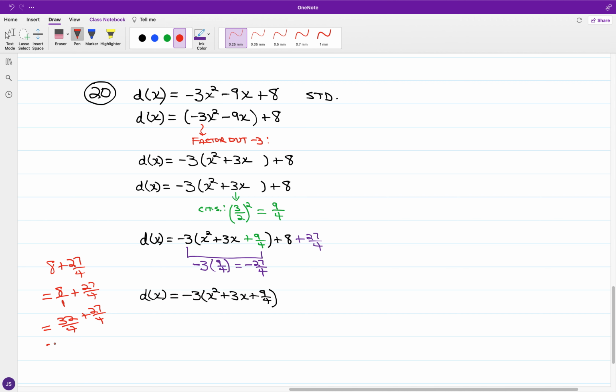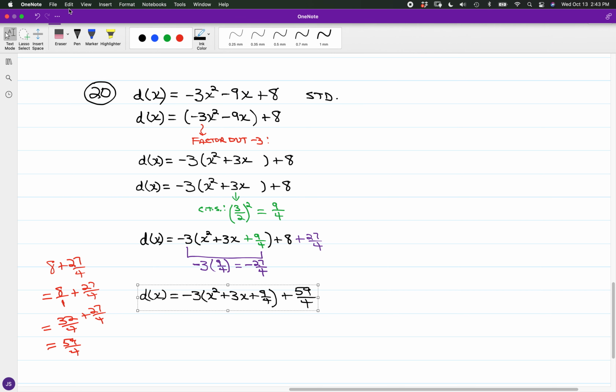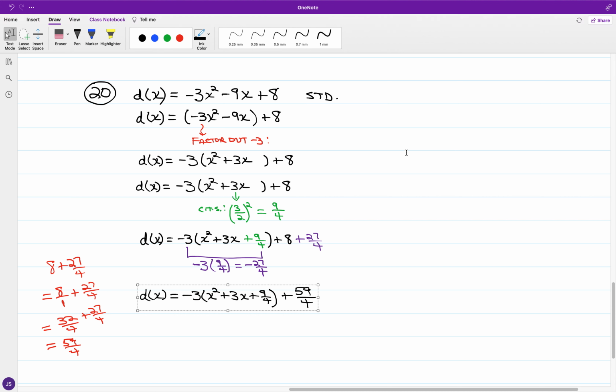And 32/4 and 27/4 will make 59/4. So 8 and 27/4 will add up to 59/4. And again, if you have any trepidations about this particular stage, you can double check.